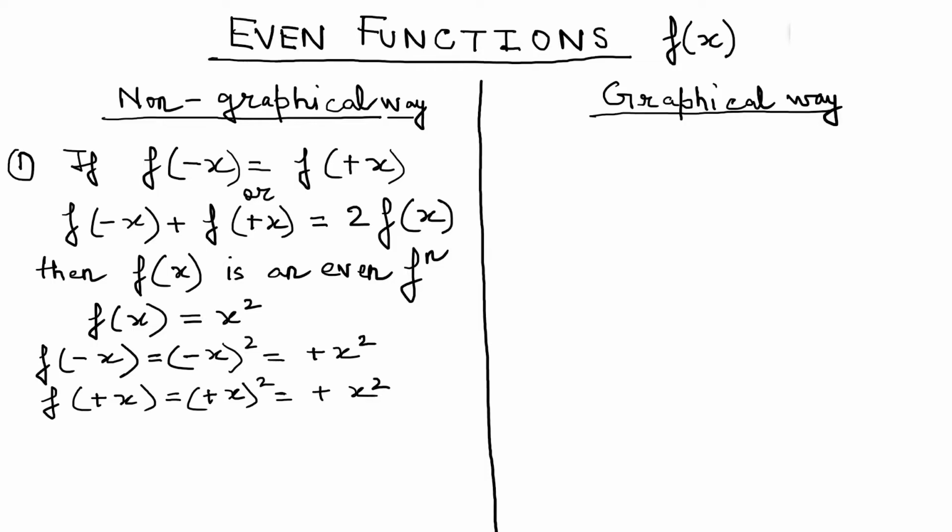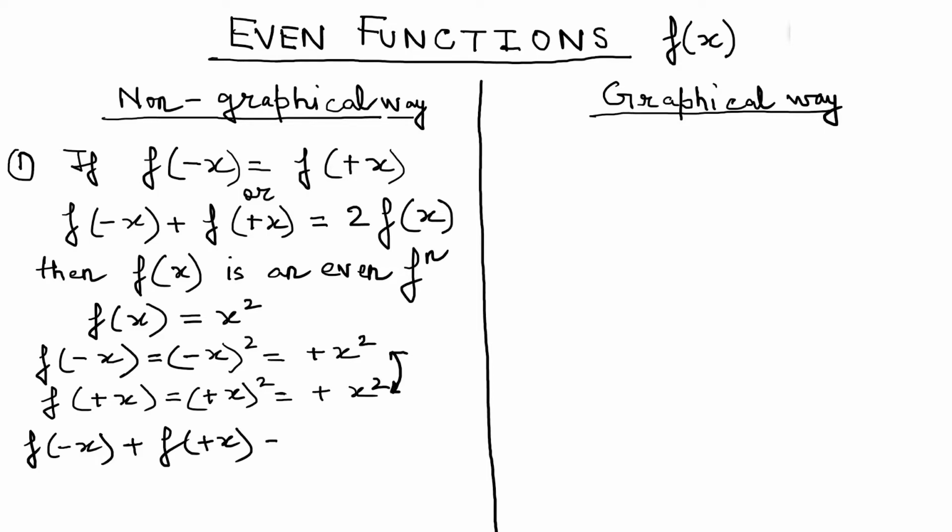And when we add both of these, either I say f of minus x and f of plus x are equal to each other, which is why the original function f of x is an even function, or as we discussed earlier, the basic definition: f of minus x plus f of plus x, in this case gives me what?